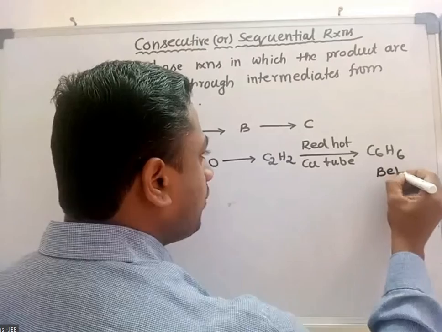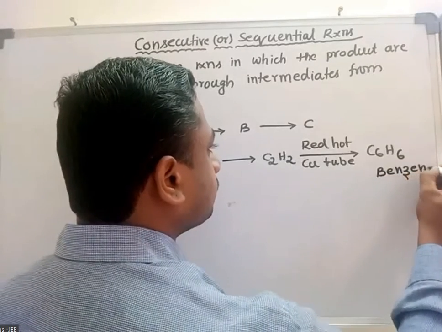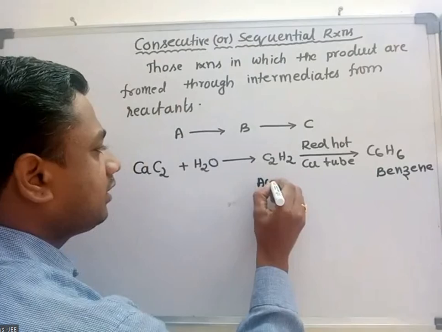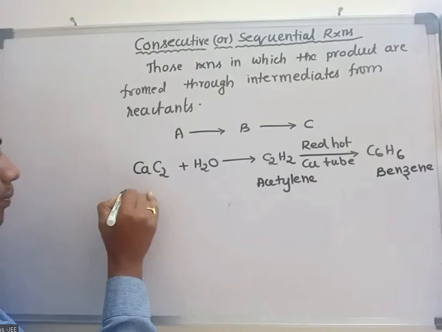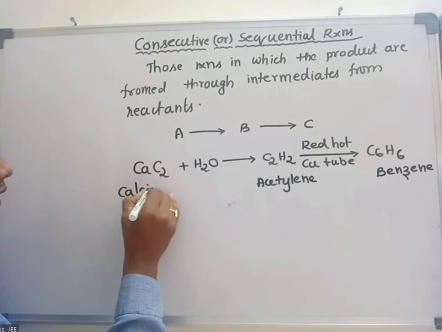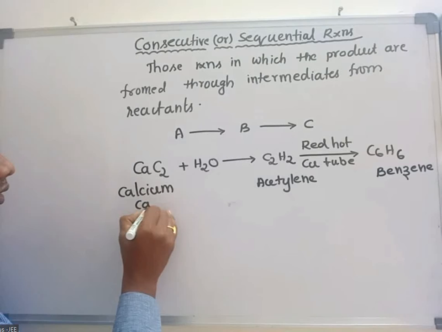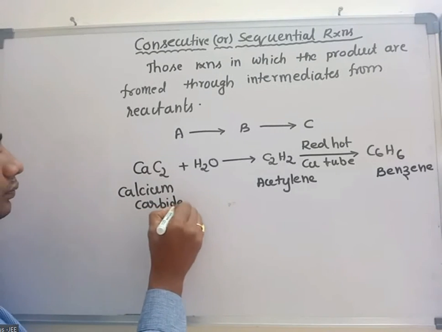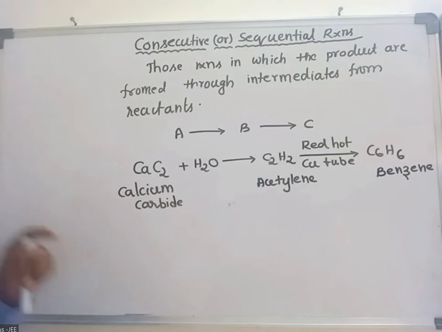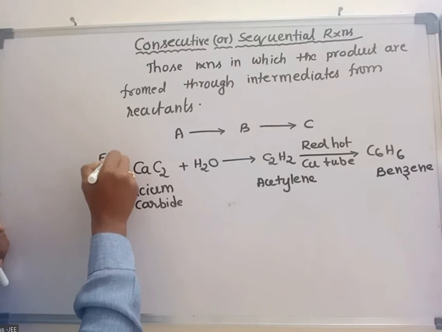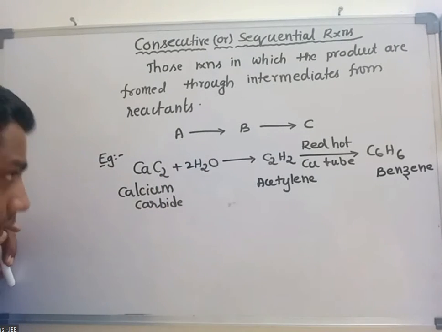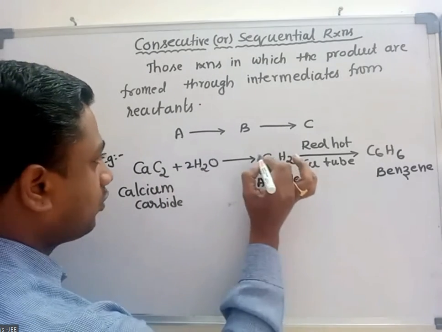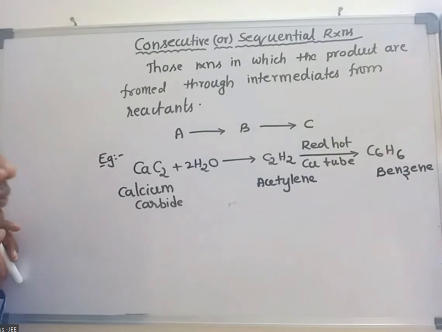This is benzene. This is acetylene. This is calcium carbide. Example: you have 3 moles of acetylene involved in the reaction. That is one example.